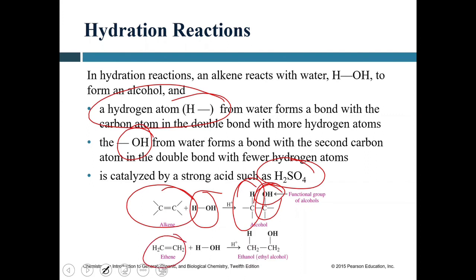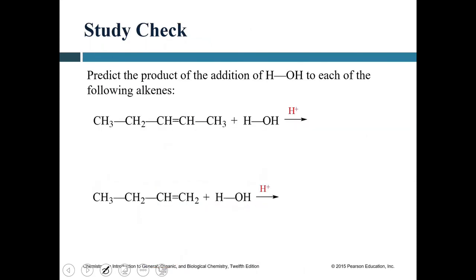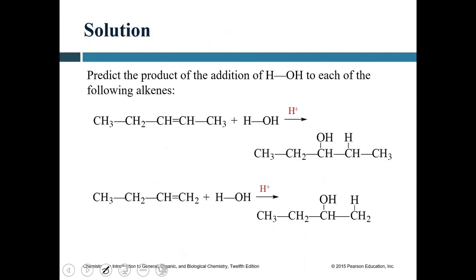If we take ethene, both carbons have the same number of hydrogens, so really there is no difference. But let's take a look at the products of the addition of water to each of these alkenes. So how do we approach this? We need to figure out which carbon has more hydrogens.